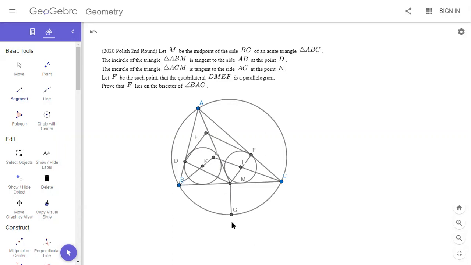So yeah, I could almost hide point F for now. It's like if we draw AJG, we want to show that the point making a parallelogram with BME lies on that bisector.